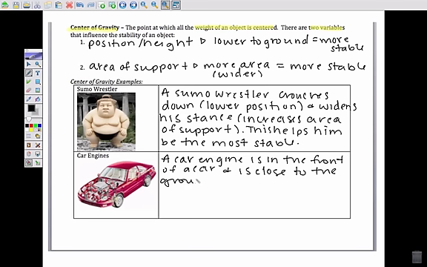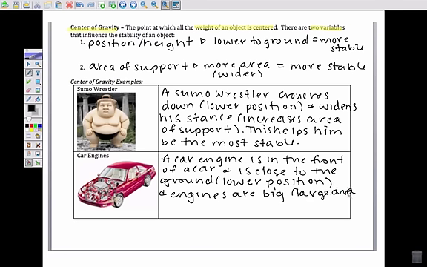So that means it has a lower position, and engines are really big. They have a large area of support. This helps make the car more stable.